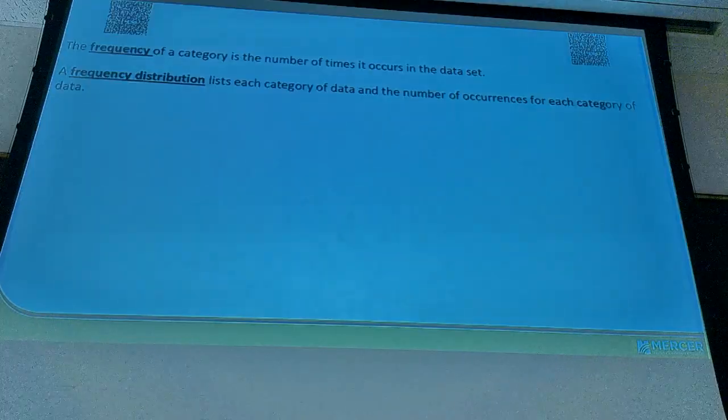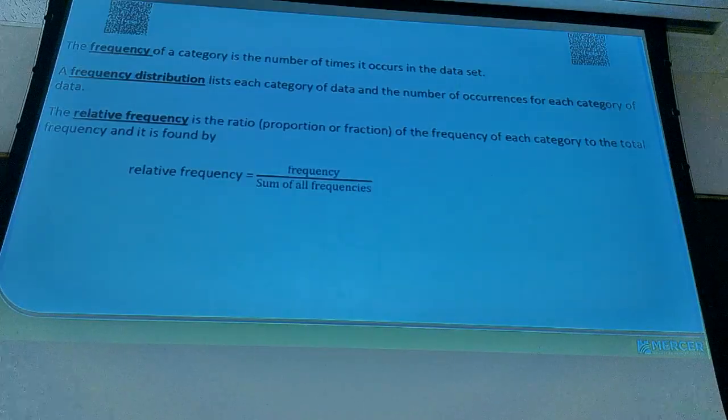Often, we're interested in what percentage is a certain category. This is the relative frequency, and it's fairly simple to calculate. Frequency divided by total.